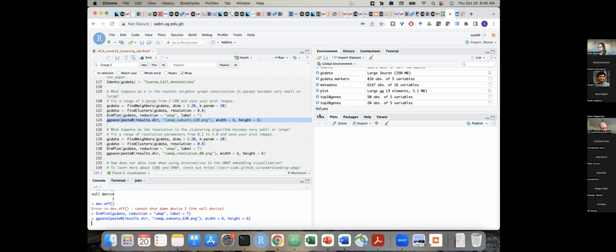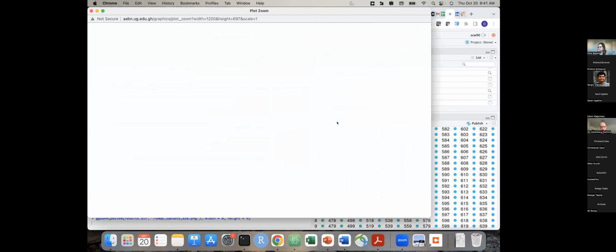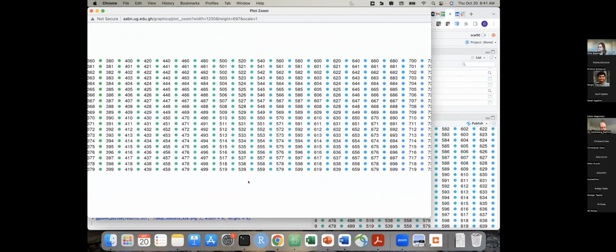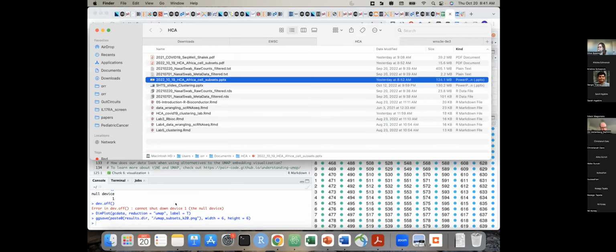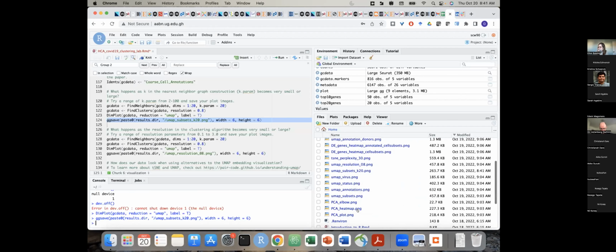Or maybe you can show them on your screen. Oh gosh, okay. It looks so crazy. Let me see. Okay, it saved it. Let's see if I can open that save file. That's called UMAP subsets.